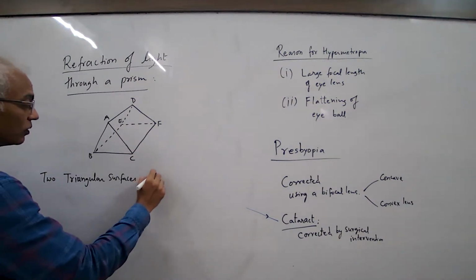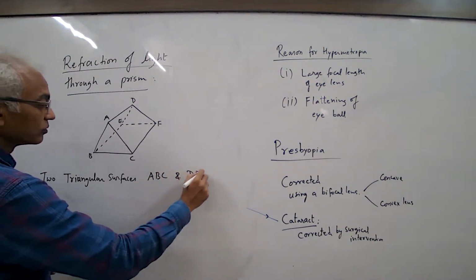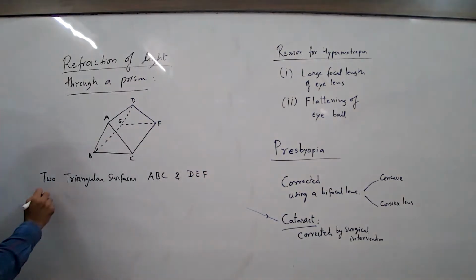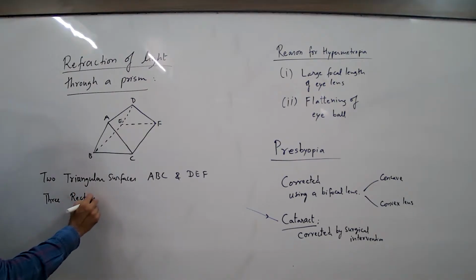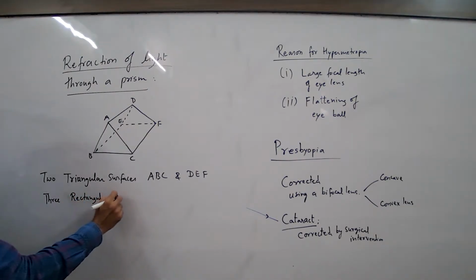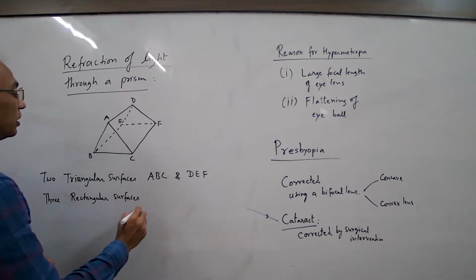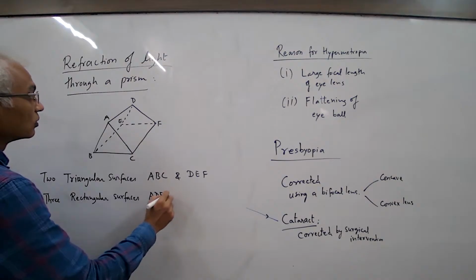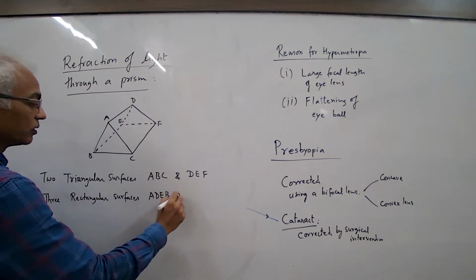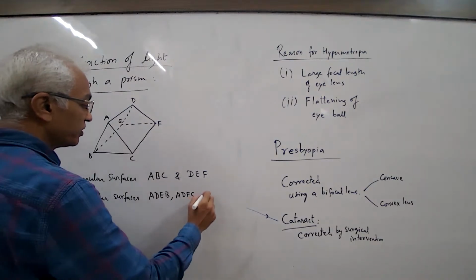What are they? ABC and DEF. And it has 3 rectangular surfaces. What are they? ADEB. Then you have ADFC. And you have BEFC.